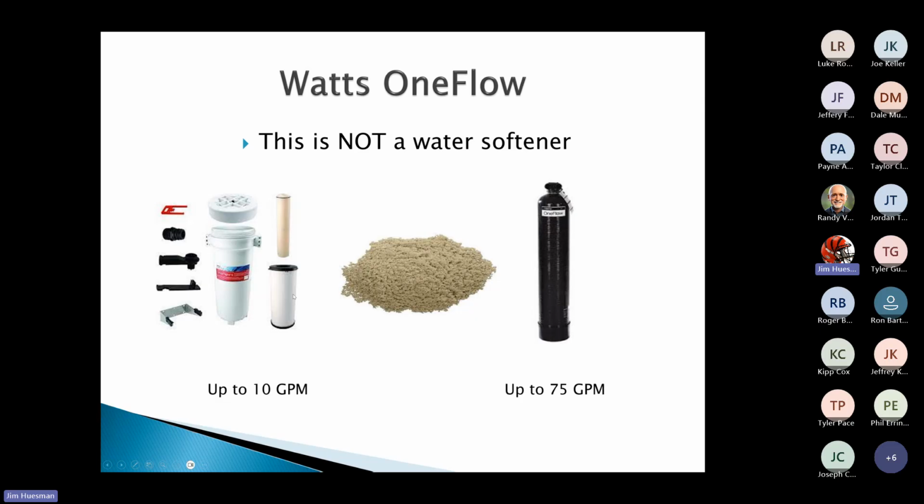So just like our dual media water softener, where we can soften it and then filter with carbon, here on the One Flow we're now able to add our media base and our filter. So we're able to condition our water and treat the taste and the smell of our water, because we're going to be using this for drinking now. So we like it a little bit better than just saving the equipment on that one.